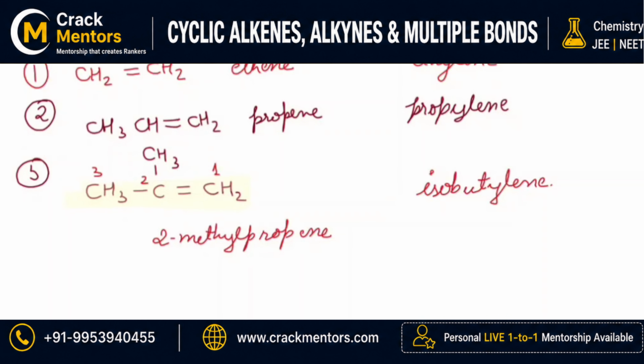These questions can come in the multiple choice questions, asking you to tick the correct IUPAC name of isobutylene. Okay, this question can come just like this. The fourth one is CH2 double bond CH3 CH double bond CH2.